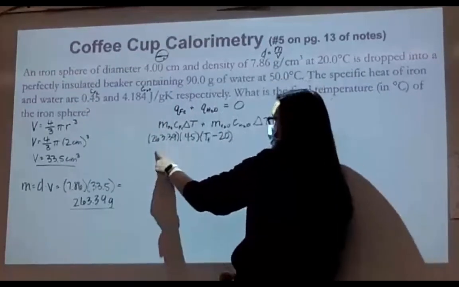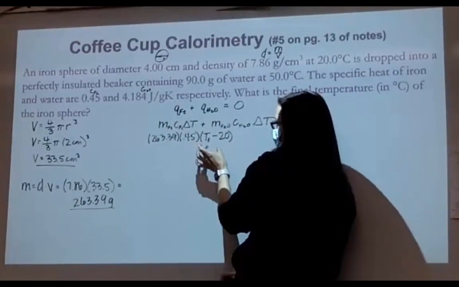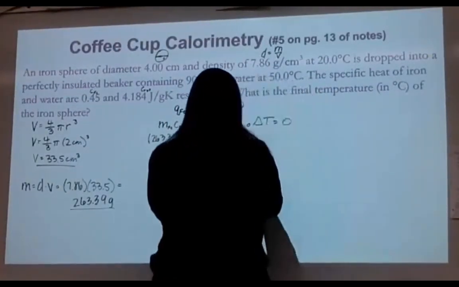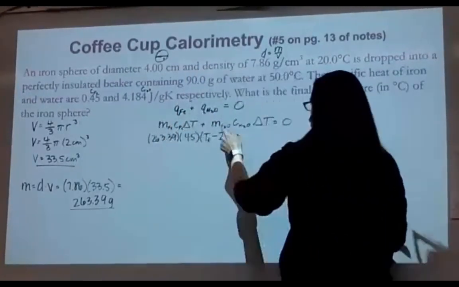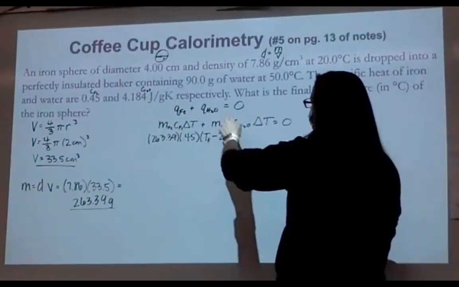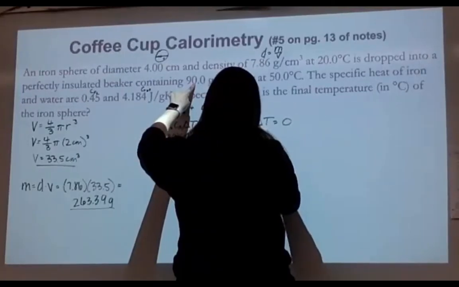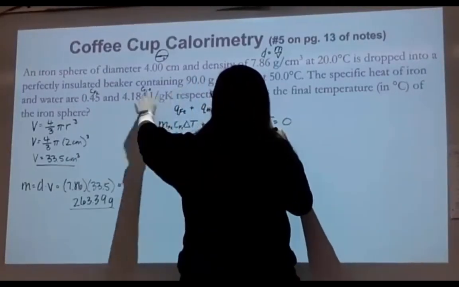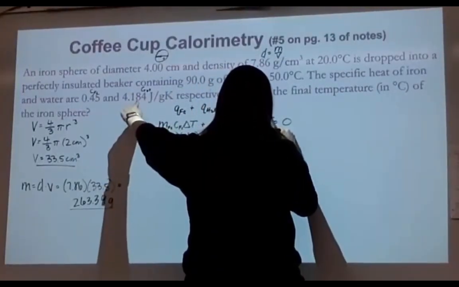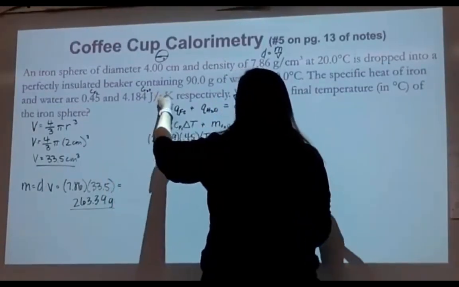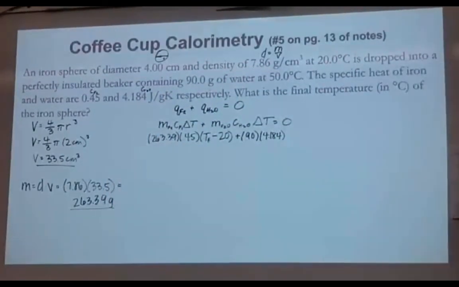So here is Q of Fe, MC delta T. Plug in the variables for water. 90 grams of water. Specific heat of water. Remember, it doesn't matter whether it's joules per gram Kelvin or joules per gram degree Celsius, they are one and the same.